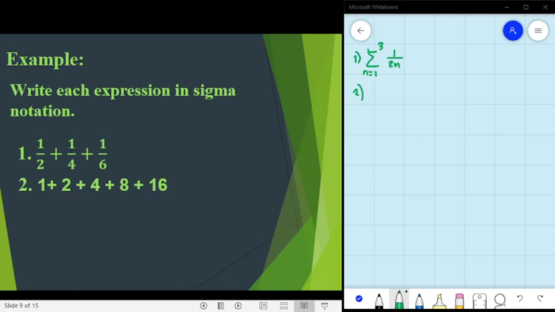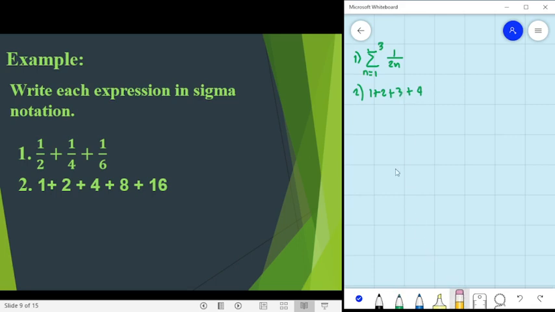Number 2 is we have 1 plus 2 plus 4 plus 8 plus 16.